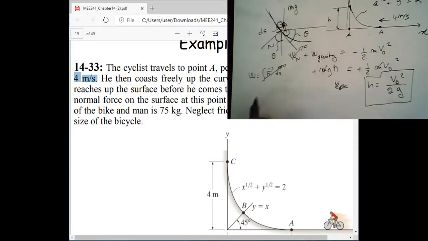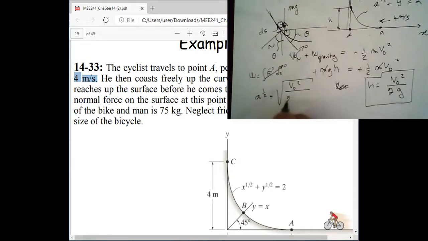Okay. Well, I have x^(1/2) plus y^(1/2). So y, I'm gonna actually solve it for this h, right? So this is gonna be square root of v0 squared divided by 2g is equal to 2. So x is gonna be equal to 2 minus square root of v0 squared over 2g.